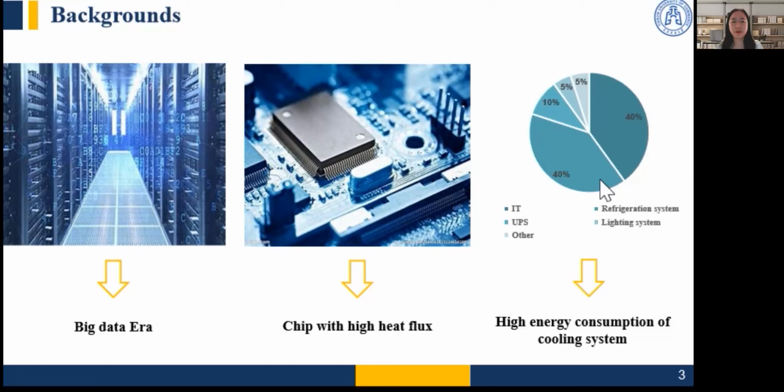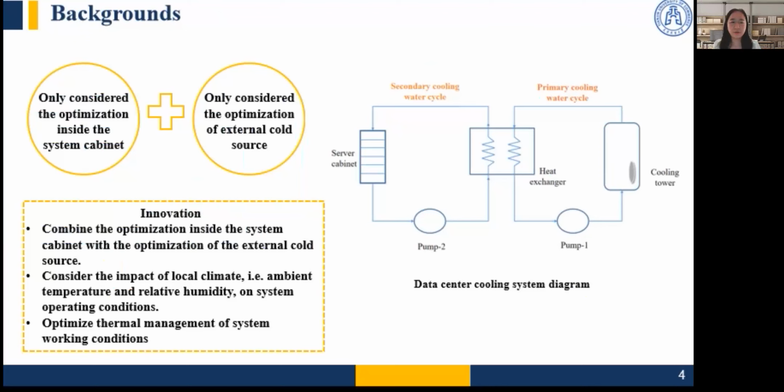system. Through the review of previous studies, many people only researched the inside of the system cabinet, or only researched the external cold source. We found that they did not comprehensively consider the internal thermal management optimization of the system.